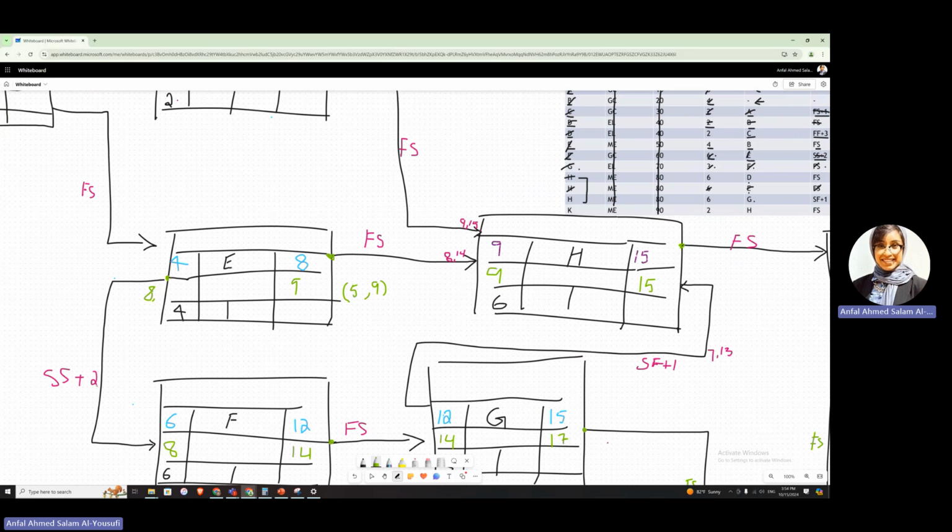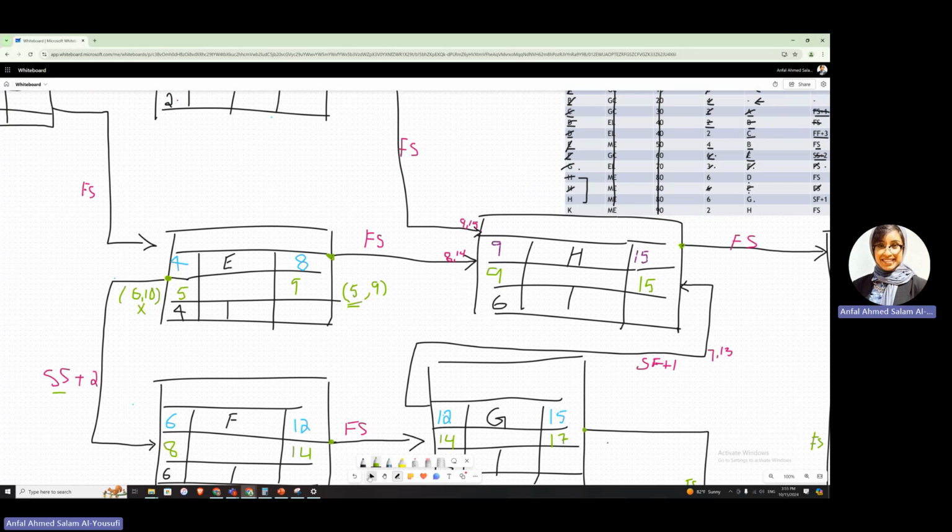It would be 8 minus 2, because when we are doing the backward pass in here, I forgot I did not check this. So the starting point would be 6, and our end point would be 6 plus 4, which would be 10. When we are doing the backward pass, we normally take the smaller number. So we are taking 9 and 5, because 6 and 10 is bigger.